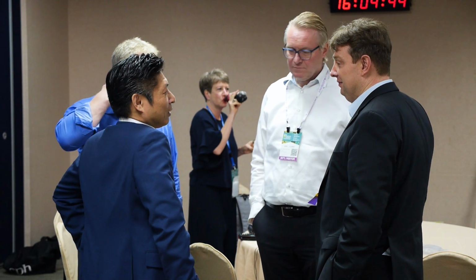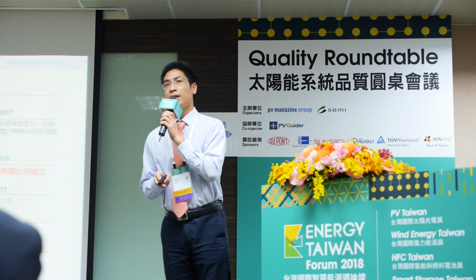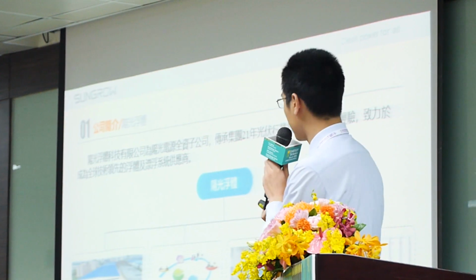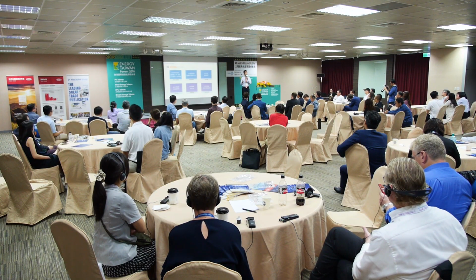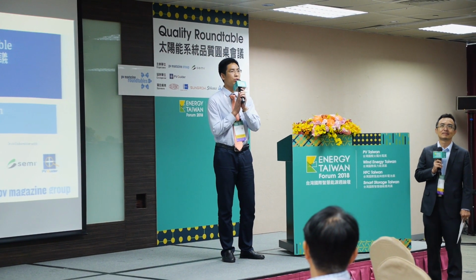There's a huge potential for floating PV in Taiwan, and many manufacturers are vertically integrating and doing floating PV projects in Taiwan. So of course there's a lot of discussion going on about how you can do that with high quality, which standards you need, and what components you need.